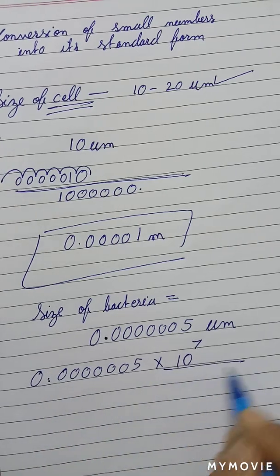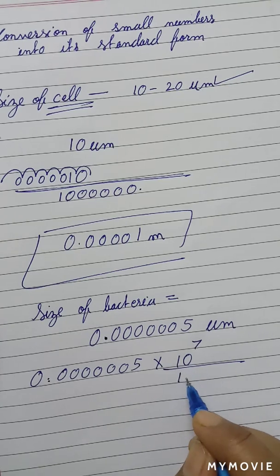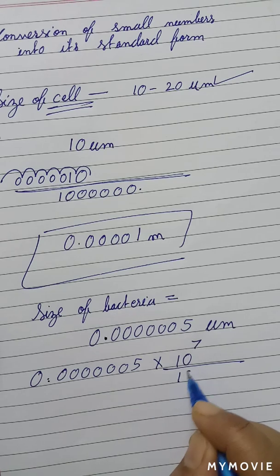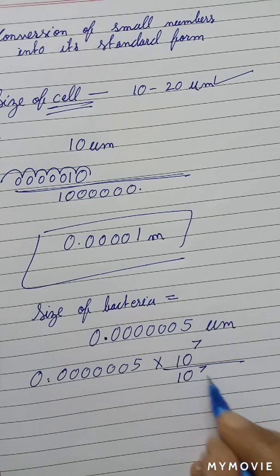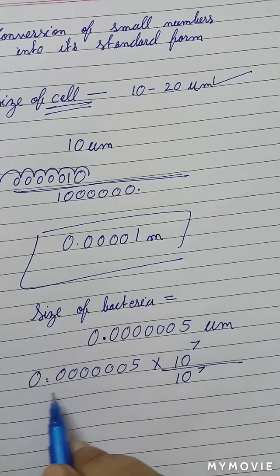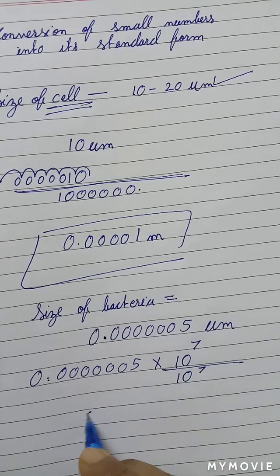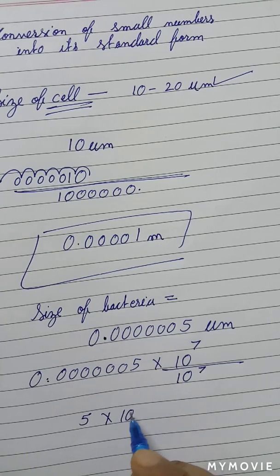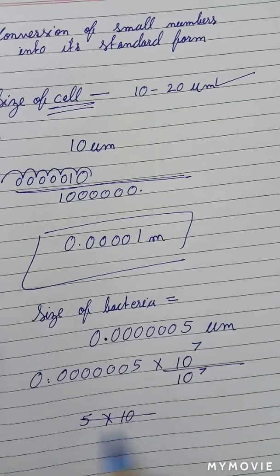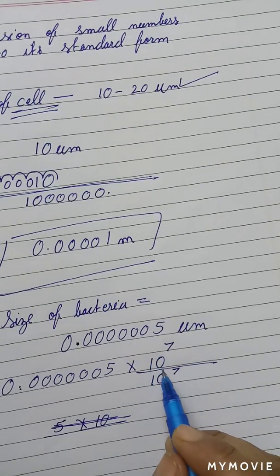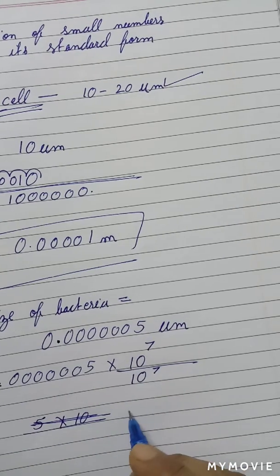Now that we multiplied it by 10 to the power 7, we will have to divide it by 10 to the power 7 as well. So this numerator part will be utilized in the conversion. So we have 5 into 10 to the power 7 in the numerator, which has been utilized here.